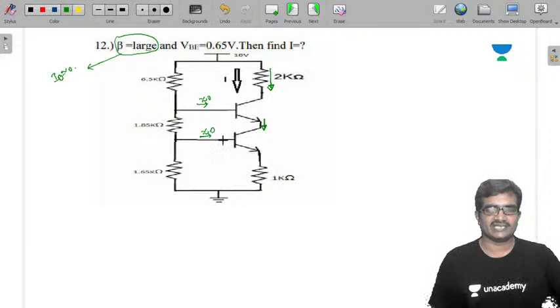And for this also IB is 0, that means beta is large. This is IC to this. Now this is equal to IE, this current. So you are saying it as I, and it is also current I. So you need to calculate this current I. They gave VBE as 0.65, so this is 0.65, and this is also 0.65.